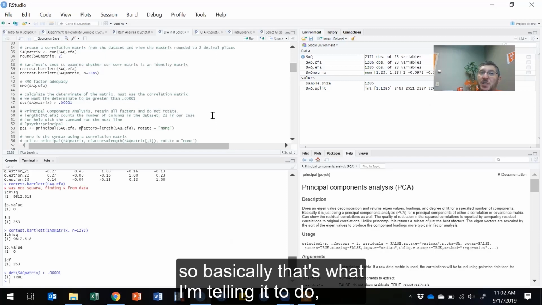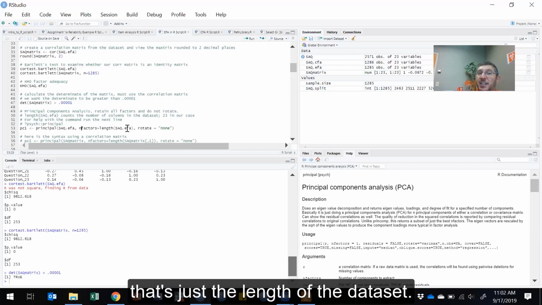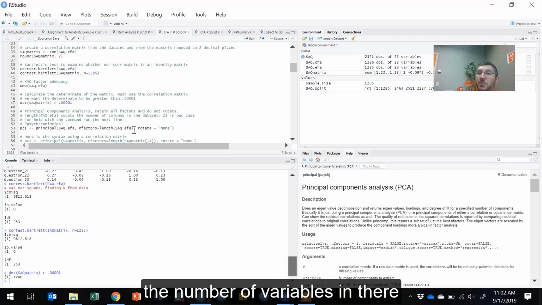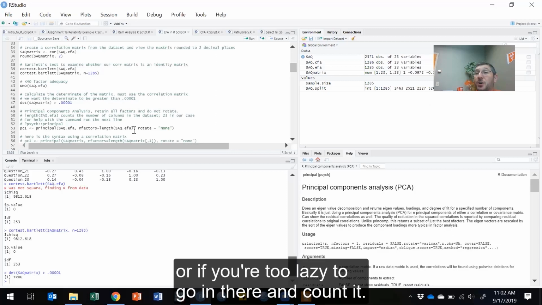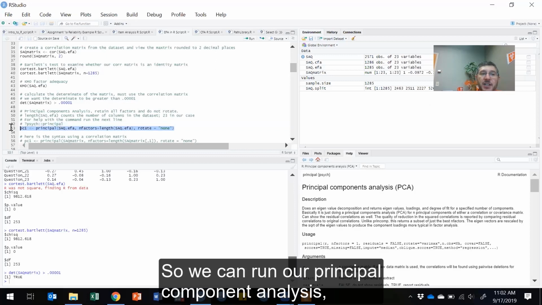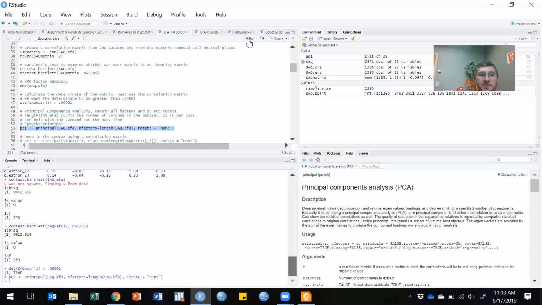That's just the length of the data set. You can do that if you didn't know how many variables are in there, or you're too lazy to go in there and count. So we can run our principal component analysis.